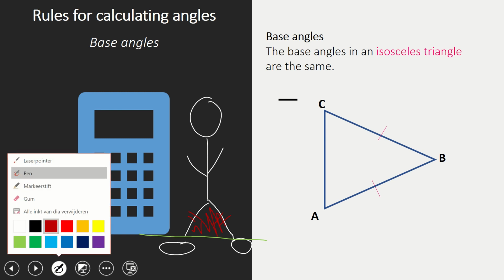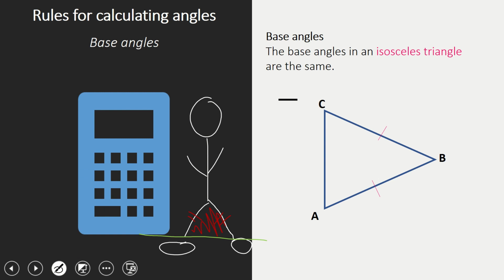So if I'm going to put the same letters in as in our picture, then this would be B, this foot would be A, and this foot is C. So if I look in the picture, I know that this and that are the base angles, and they are the same. So if you forgot what base angles are in an isosceles triangle, then draw a little man. You write it down like this.